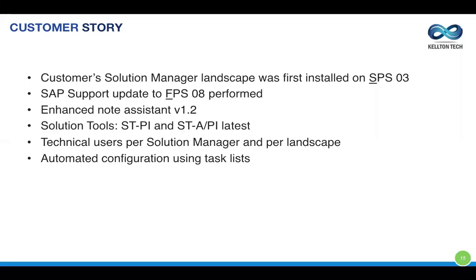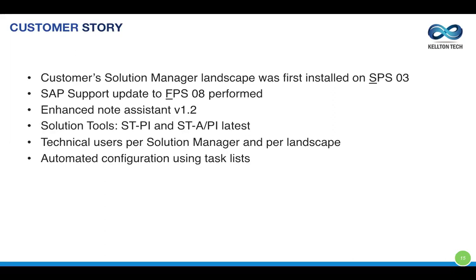And since we were on support pack stack 8 on Solution Manager, the job was easy. The automatic configuration was done using the task list instead of doing each and everything. But again, don't go by, okay, we'll go to support pack stack 8 and we'll run some task list, some automated configuration, and the job is done. There are things outside all of this which we would know only by experience.